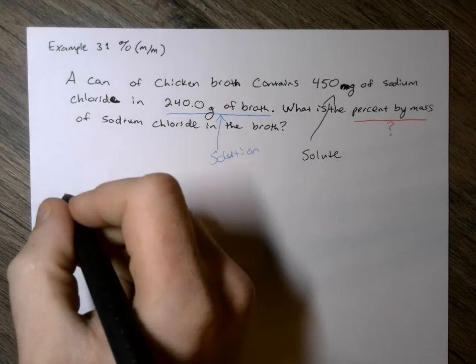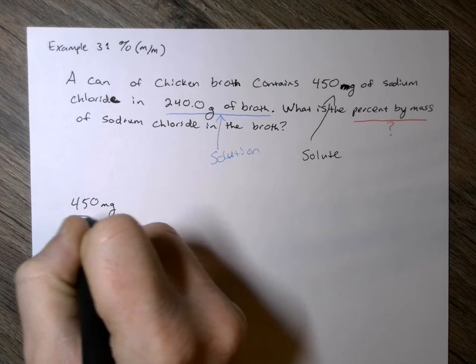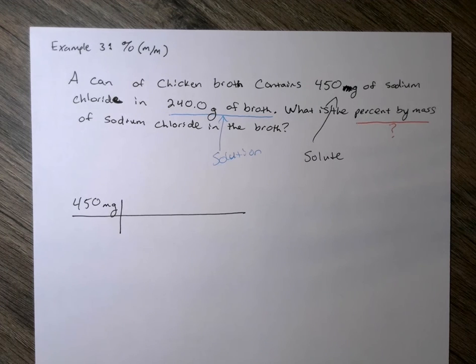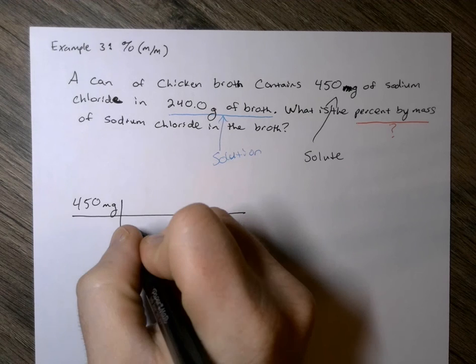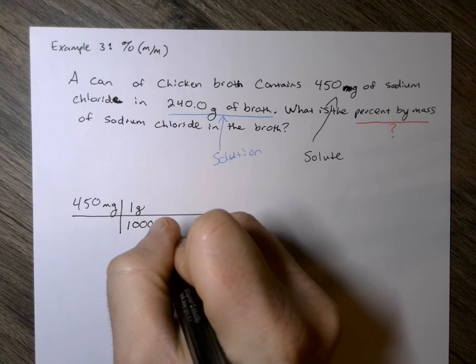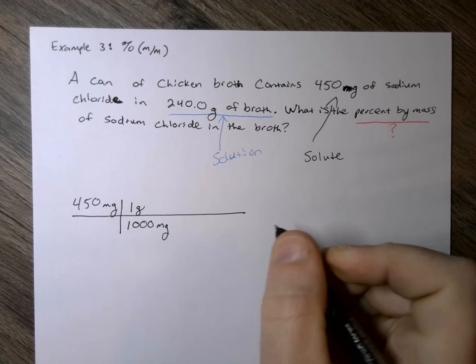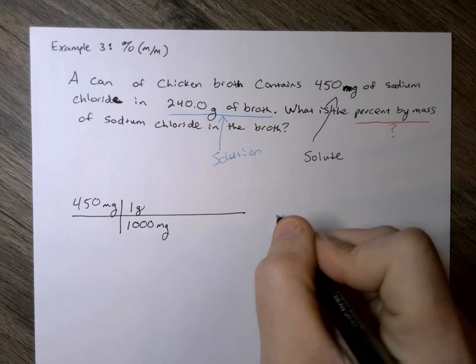So I'm going to start with my 450 milligrams. Now, if you remember, our conversion factor between milligrams and grams is that 1 gram is equal to 1,000 milligrams. So 1,000 milligrams are in 1 gram.